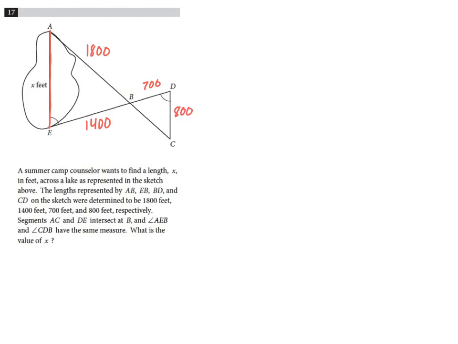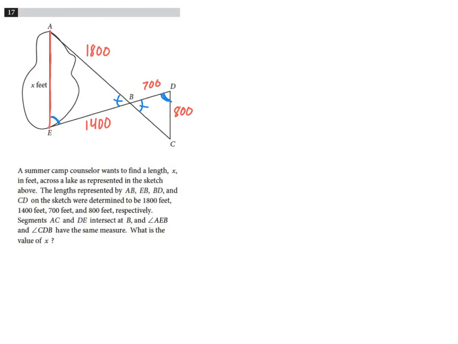Alright, well, the key to this problem, I think, is this little notation here and here. That's a congruency marker. That means that those two angles are congruent. And we also know that these angles are vertical angles. Those are going to be congruent.